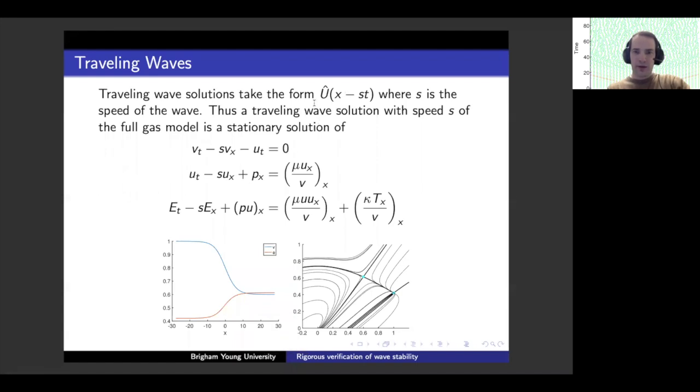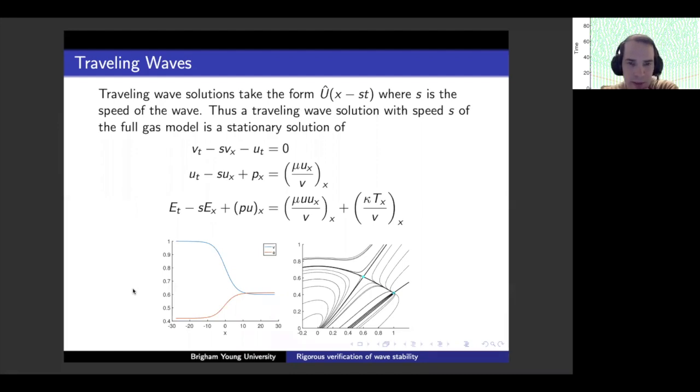We make the ansatz that the solution takes this form, where s is the speed of the wave. That gives us the PDE in the traveling wave coordinates. So now the traveling wave is a stationary solution. So we set these time derivatives equal to 0. And that gives us an ODE, the profile ODE that we can solve. And here we've got on the left in this figure, the profile ODE.